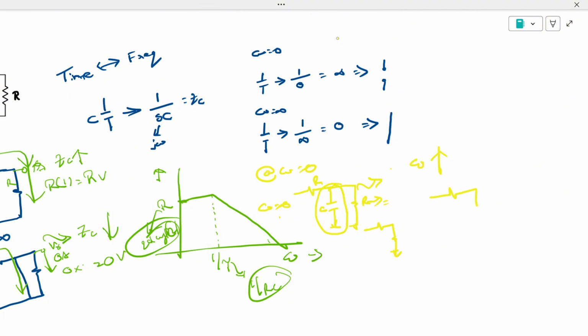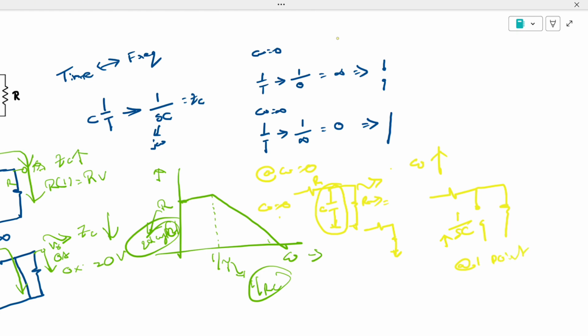As frequency increases, as omega increases. Earlier, this is open circuit, since it is 1 by SC. As S increases, it keeps on reducing the impedance of the capacitor.